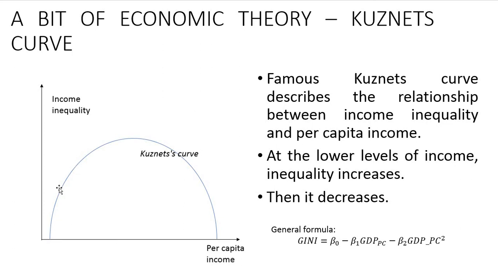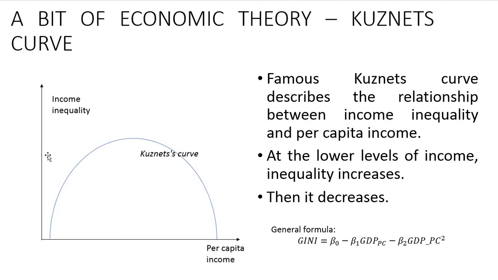The Kuznets curve is an inverted U-shaped curve, and basically it tells you that when the level of per capita income is relatively low, an increase in the level of income will result in an increase in the level of income inequality. After this function reaches its maximum, the highest possible level of income inequality, then an increase in per capita income will be associated with a decrease in income inequality.